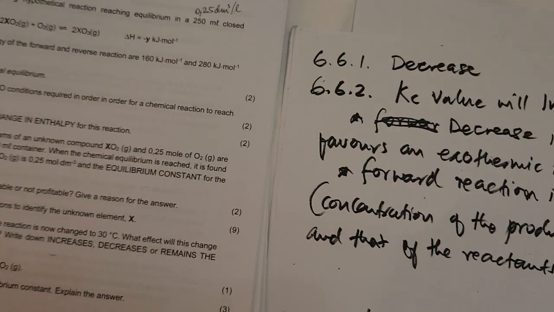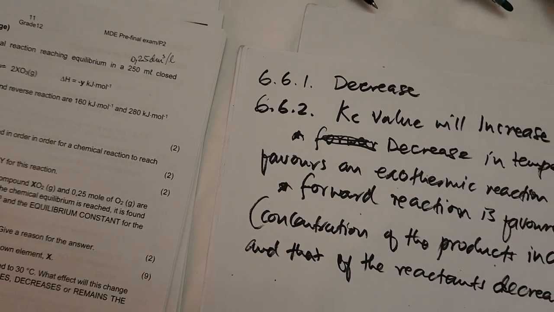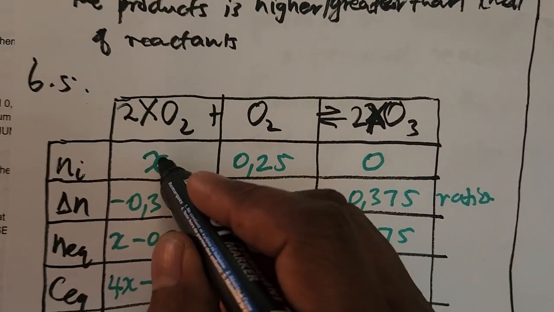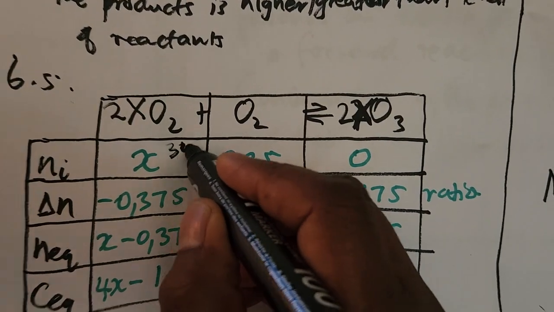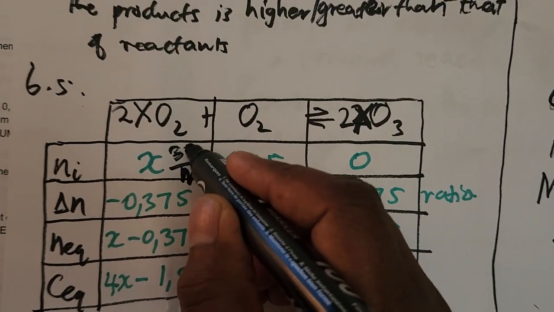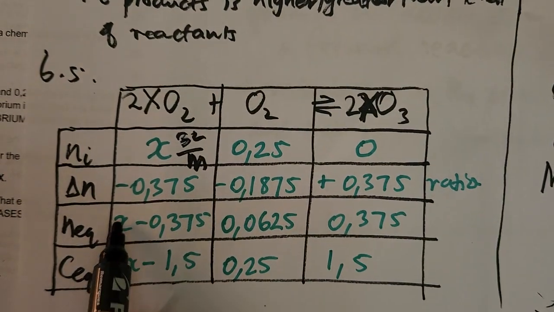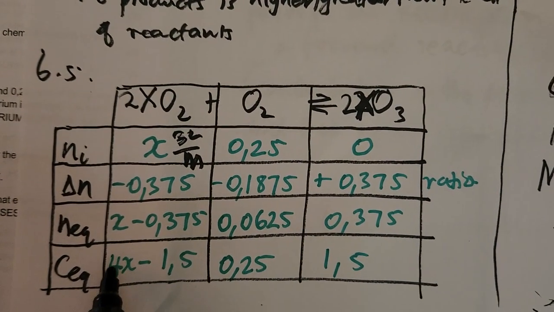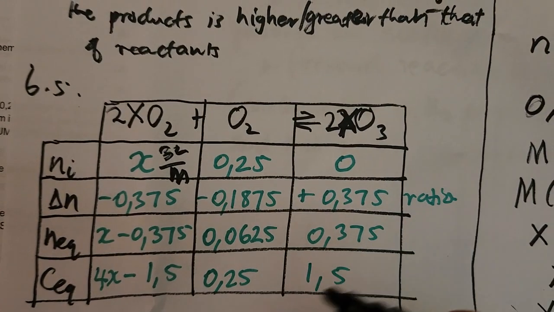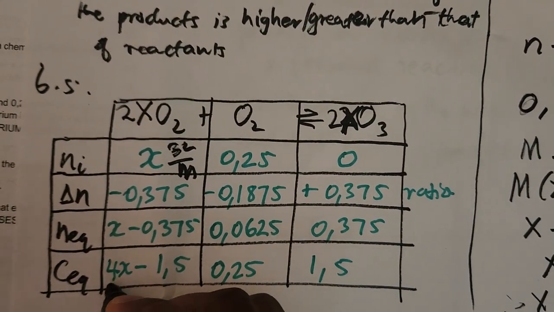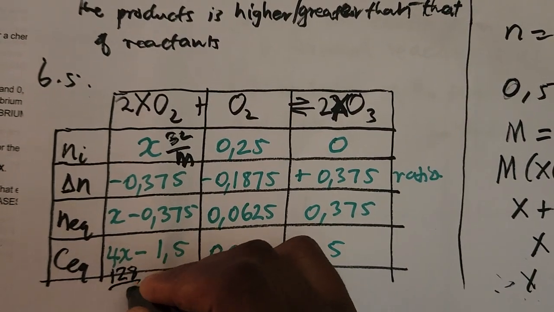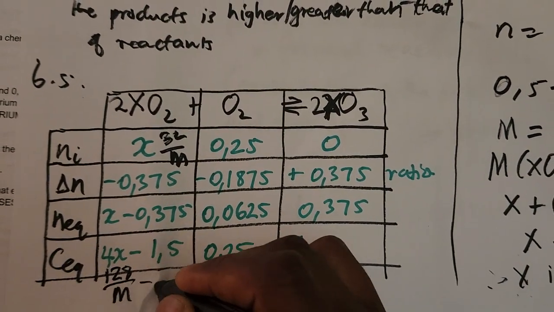And remember, there are many ways. Some people can just say x is 32/m. That is also correct. You work with 32/m, and this one now would be 128 divided by m minus 1.5.